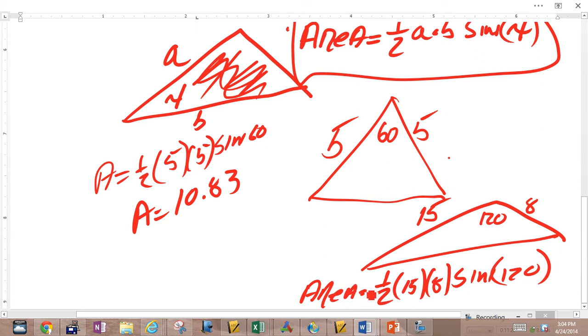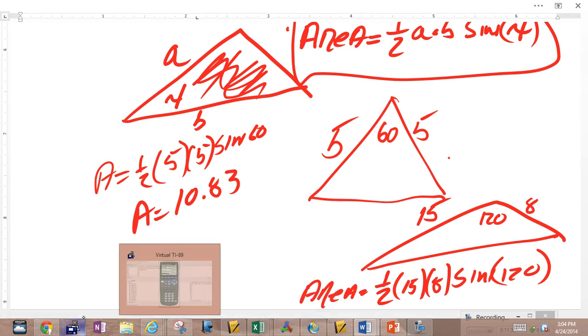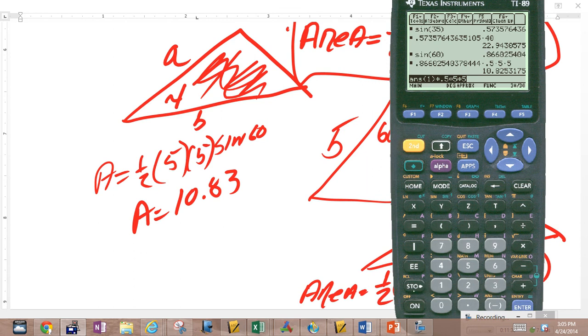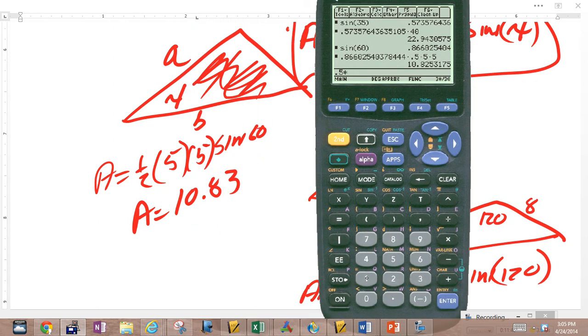Do it again, go to the calculator. 0.5 times 15 times 8 times the sine of 120. My area is, bingo.